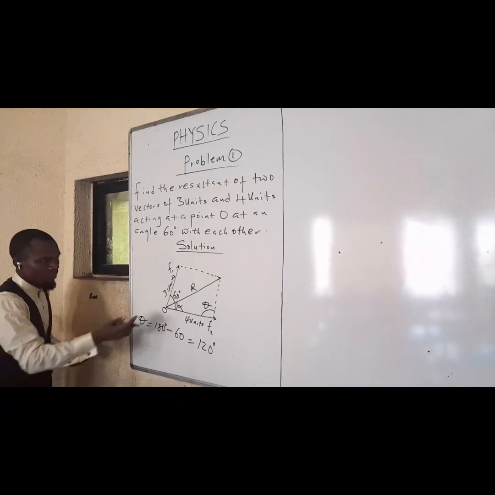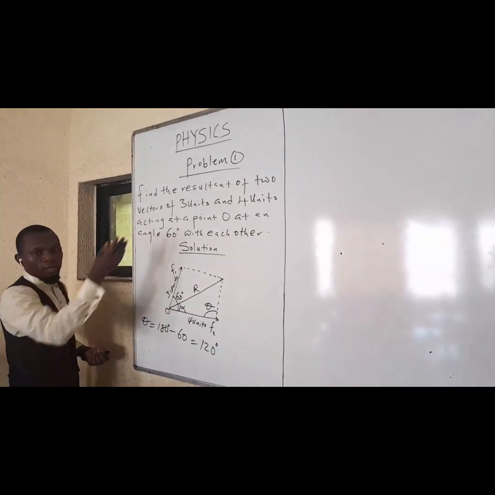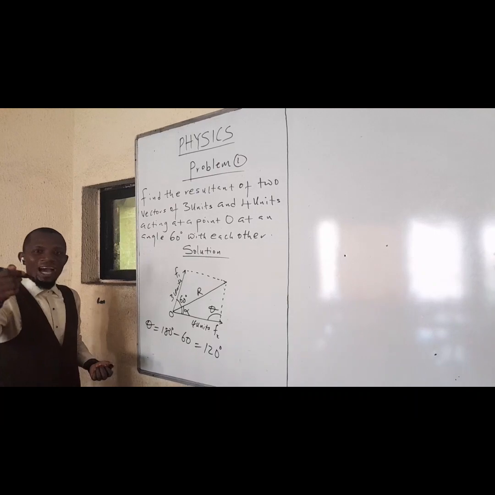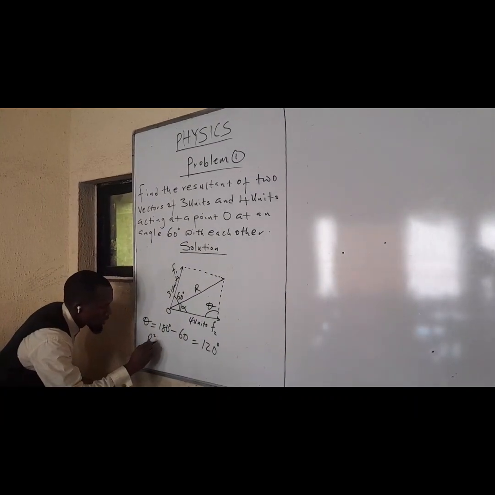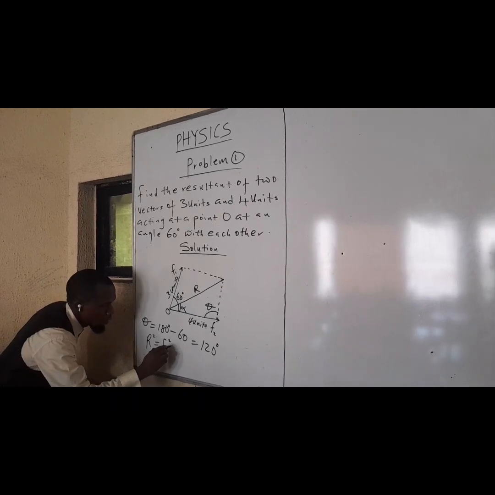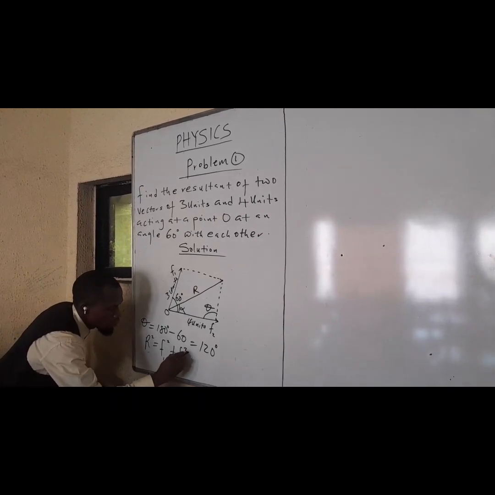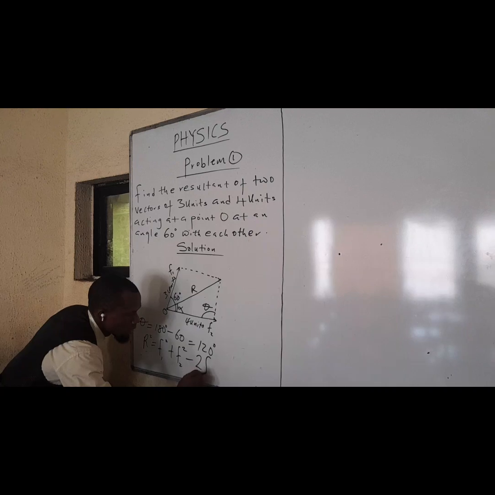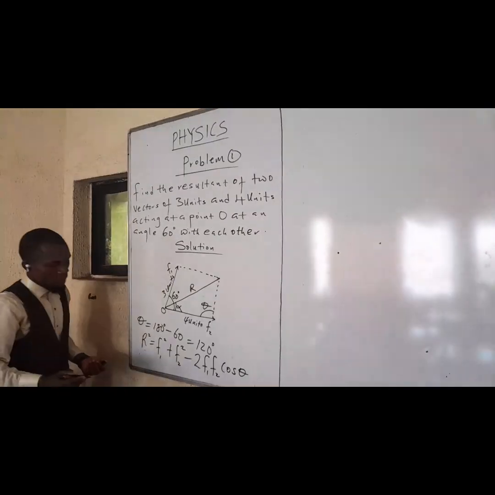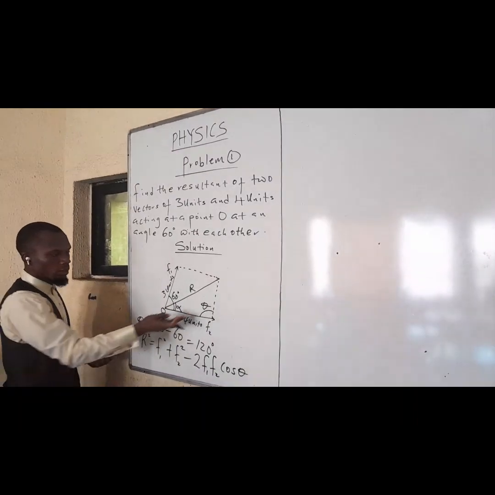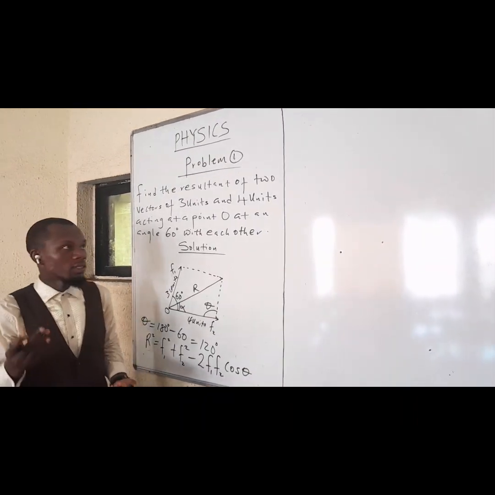So from that, what is the mathematical expression for the parallelogram law using the analytical method? I have R squared is equal to F1 squared plus F2 squared minus 2 F1 F2 cos theta. Why am I using minus? Because I'm using the second quadrant.